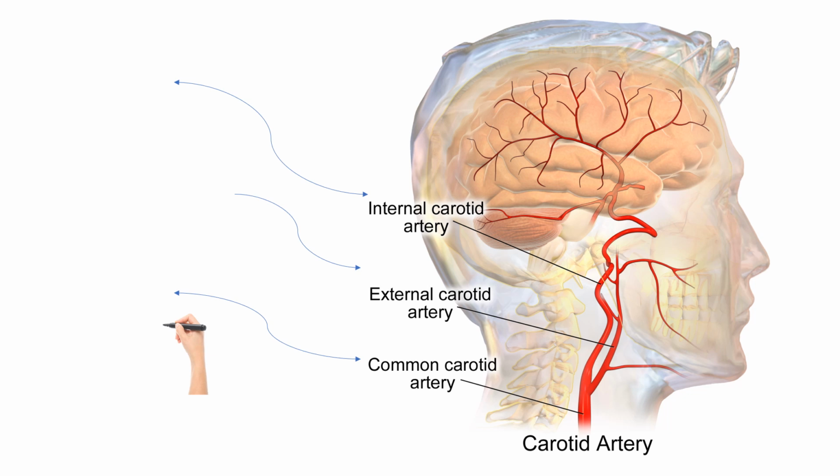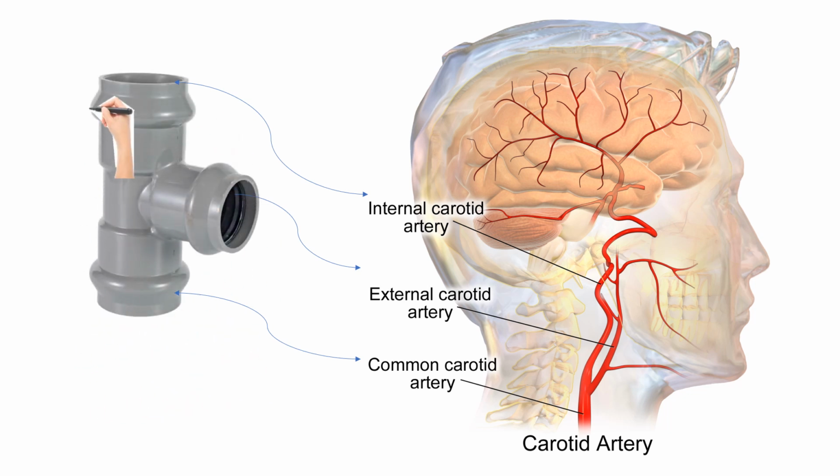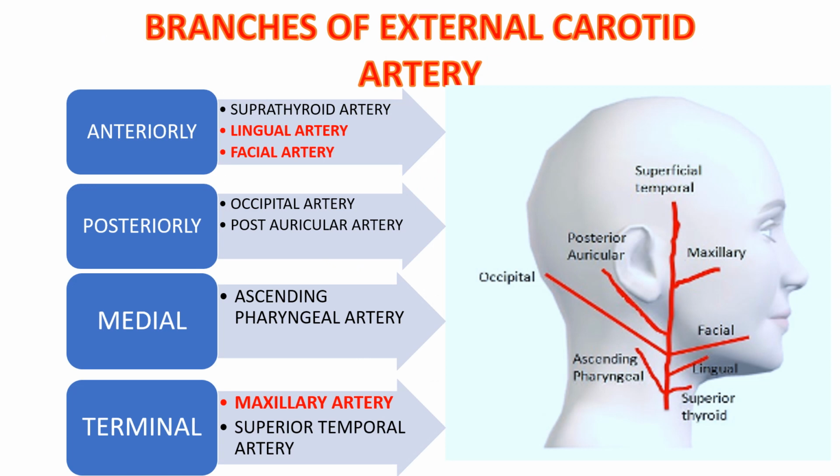The lower one is the common carotid artery, then it gives away the external carotid artery and then the internal carotid artery. Now let me discuss what the branches of the external carotid artery are, and then in the subsequent slide I will tell you how these branches supply which part of the oral cavity.